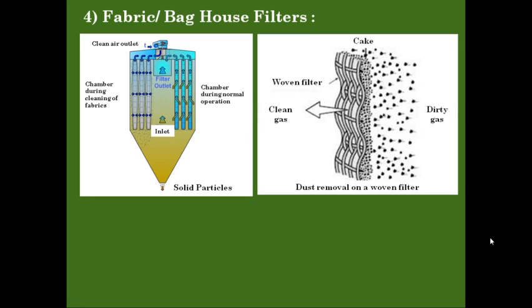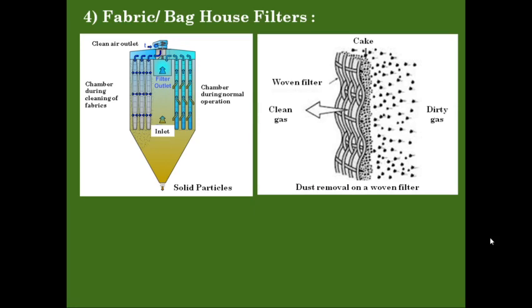So now the question arises: what happens when the filter gets choked by exposure to the polluted air. When these filters get choked, they are treated for removal of these adhered dust particles.